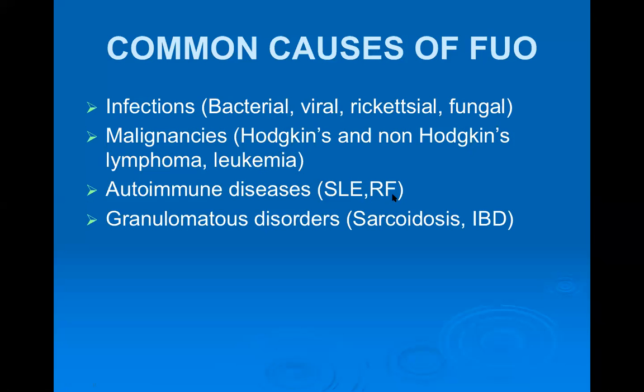If I write RA, it will become rheumatoid arthritis. Both are autoimmune types of diseases. And then some granulomatous disorders like sarcoidosis and inflammatory bowel disease like Crohn's disease can also have a mild rise in temperature, which we fail to diagnose in time. This is a common question which is asked in the exam for you.